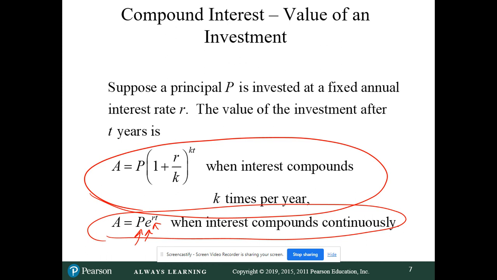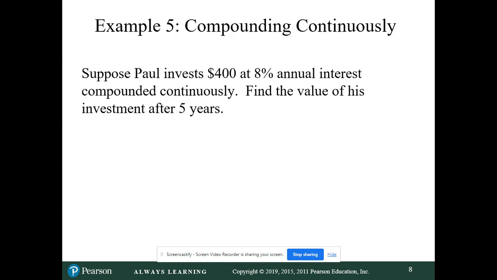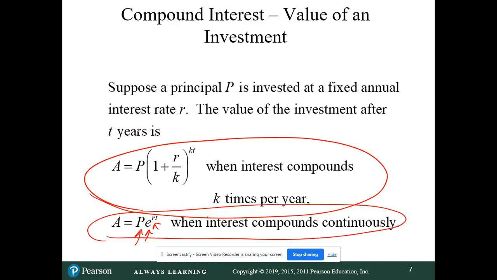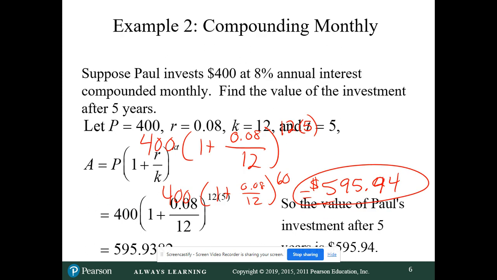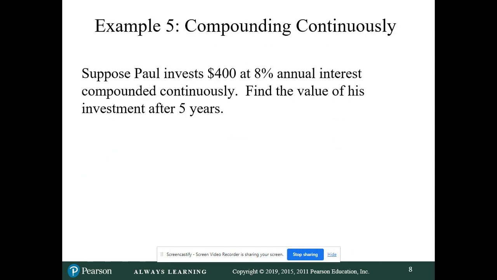All right. So let's say his same investment as he had back here. Now it's compounded continuously. Let's see the difference. So 400 times e to the 0.08 times 5, or 400 times e to the 0.4 power.